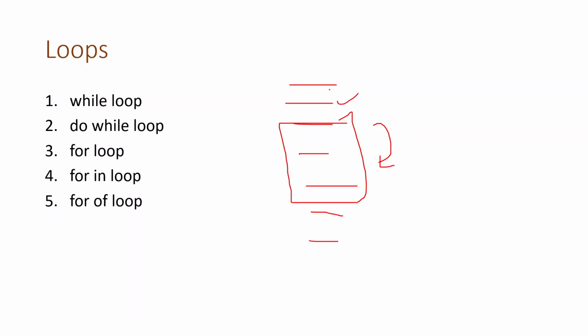As you know, JavaScript runs the program from top to bottom, line by line. However, if we want to execute one single line or a block of statements multiple times until the condition gets false, that can be achieved through a while loop or do while loop.